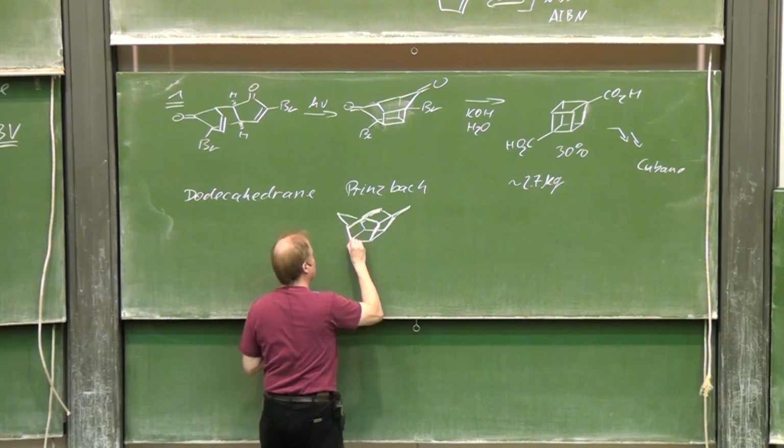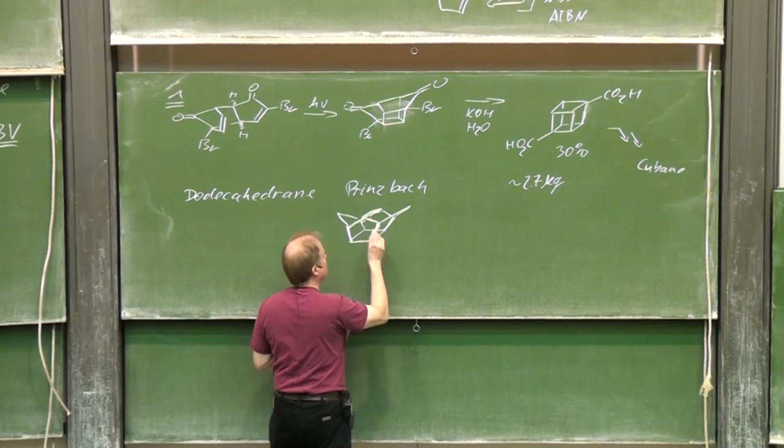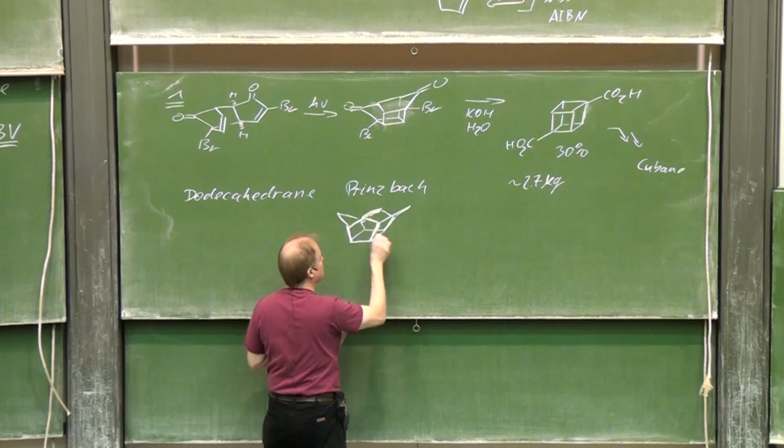Okay, you see here we have a 5-membered ring. There also a 5-membered ring.